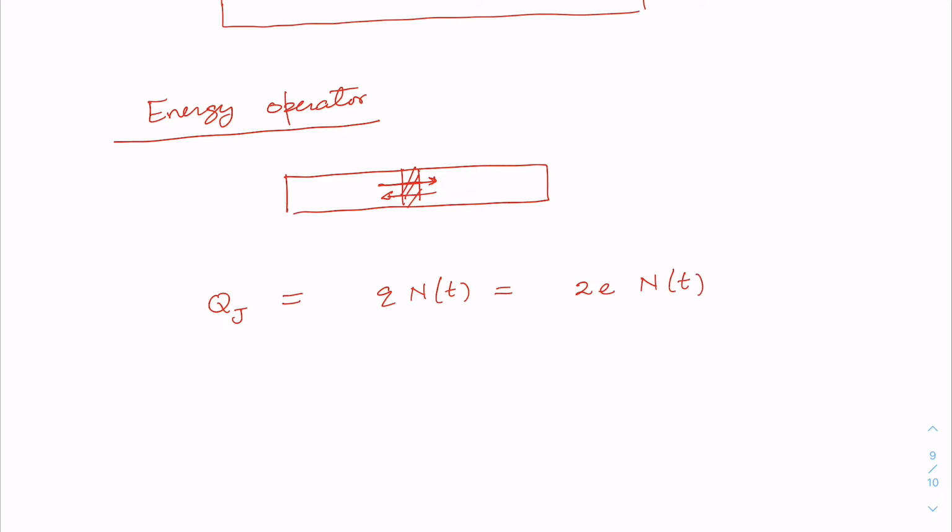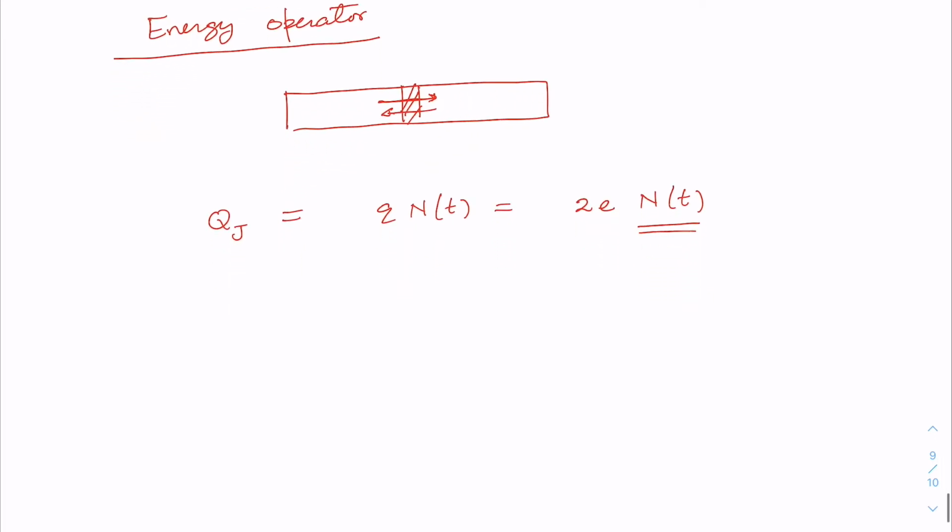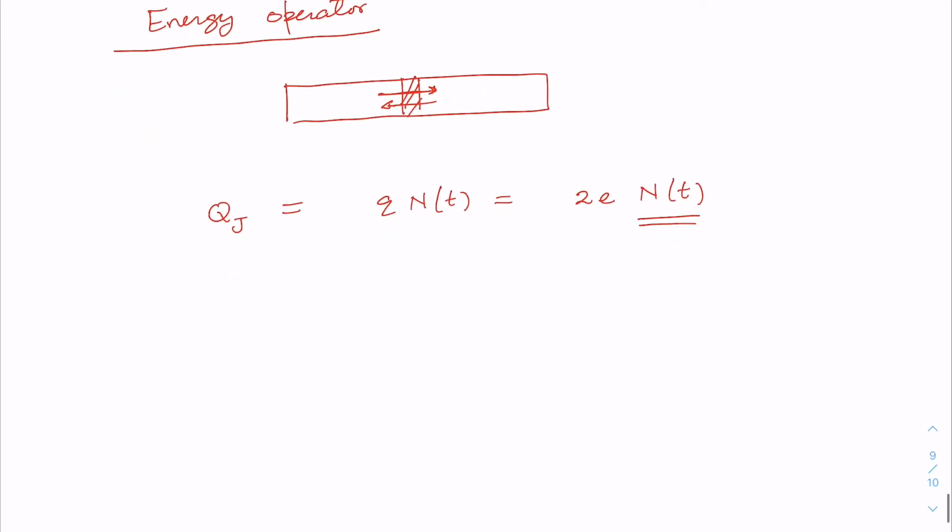We can consider this n as an operator whose eigenstates correspond to the macroscopic state of a circuit with a well-defined number of Cooper pairs, such that we can define it in this form.